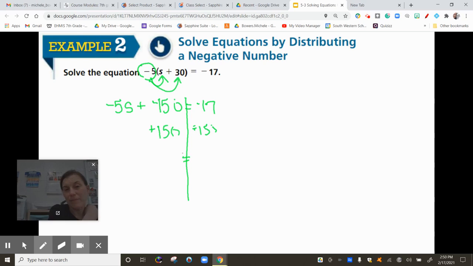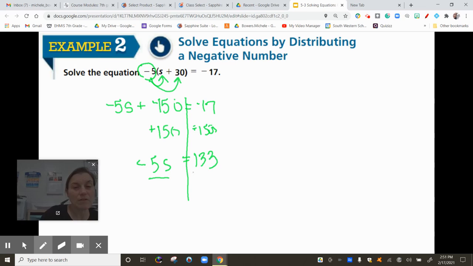And then, that's a 150. So 150 and then plus negative 17, we'll do it that way. Then that would equal 133. Which all equals negative 5S.